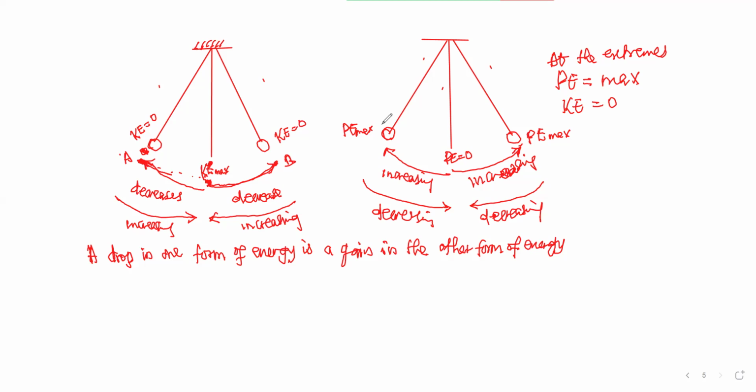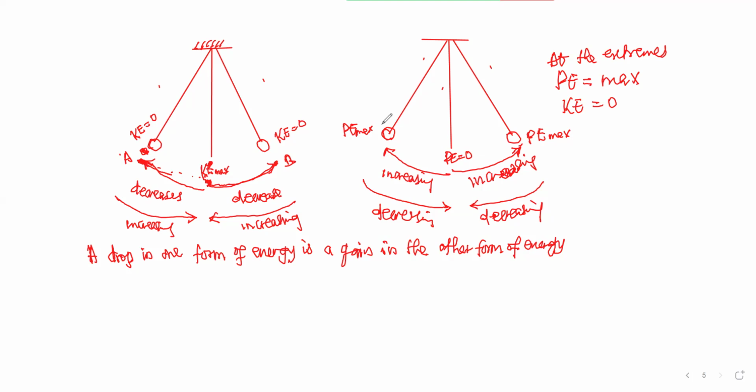Okay, so at the mean point, there's kinetic energy, maximum kinetic energy. And when it is extended to the first extreme end so that you can let go of it to start oscillating, at that point there's no more kinetic energy. There's potential energy, and that potential energy is maximum.